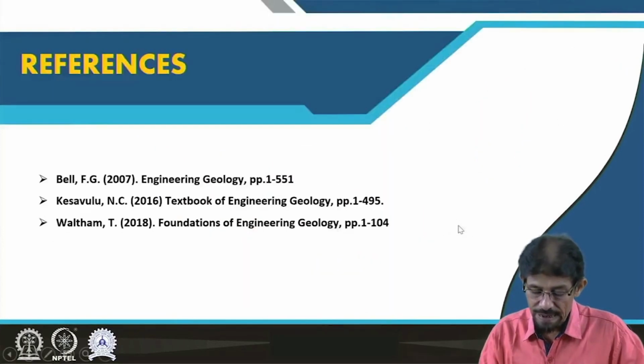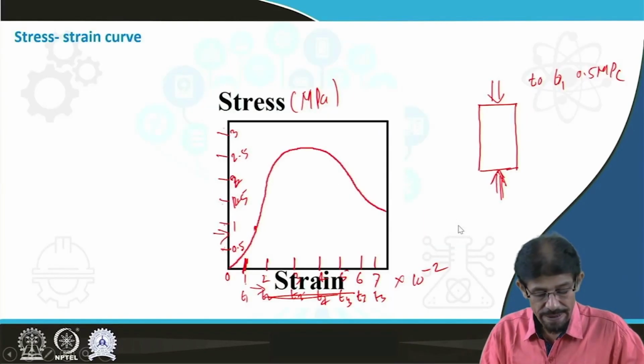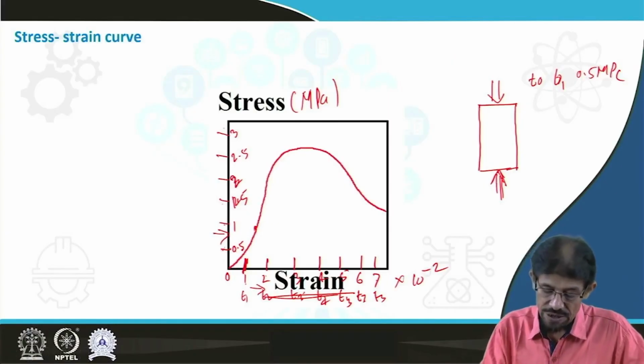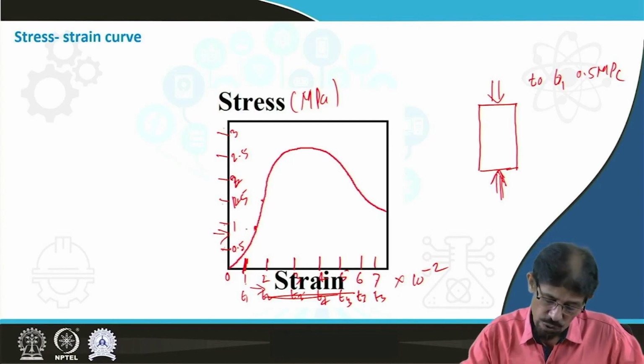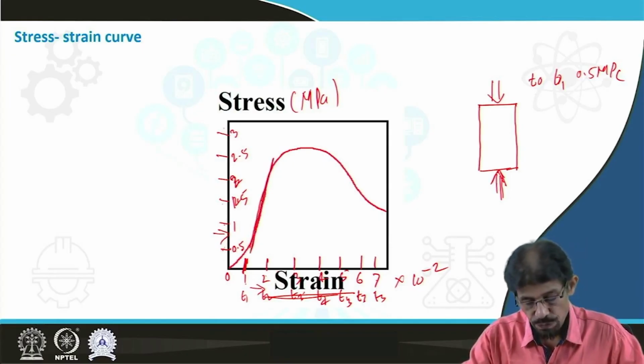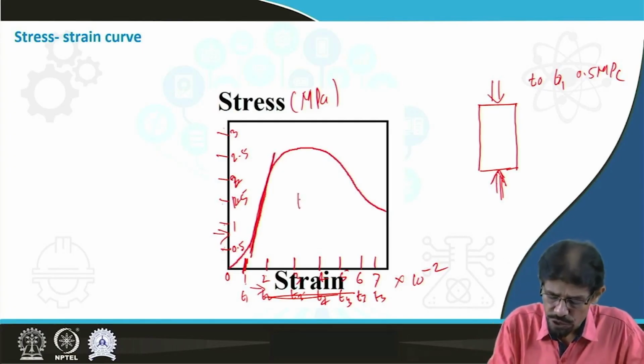Then next we are going to see an increment in stress, then an increment in strain. If we are going to recognize this portion, some portion is linear following Hooke's law.